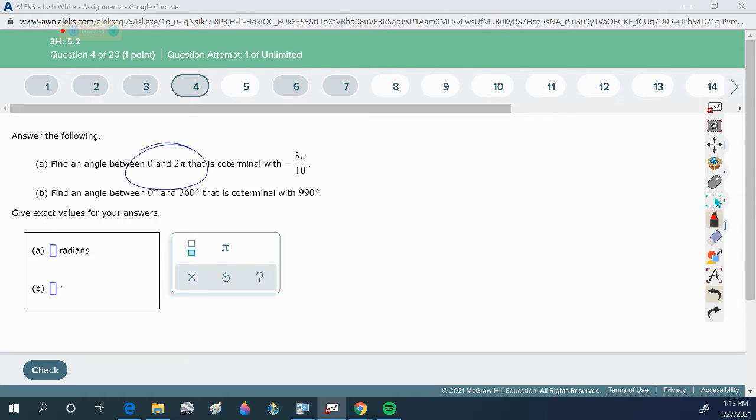So how am I going to turn this into a coterminal angle that fits inside that window? How will I make it positive? Well, what is a full circle in this case? 20/10. So I'm going to do 20 pi over 10. Do I want to add or subtract?